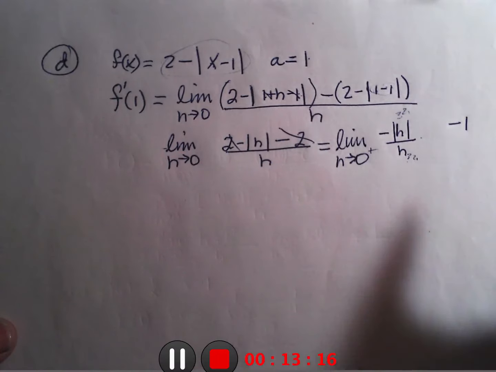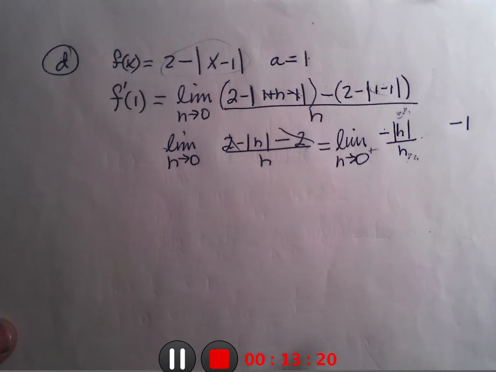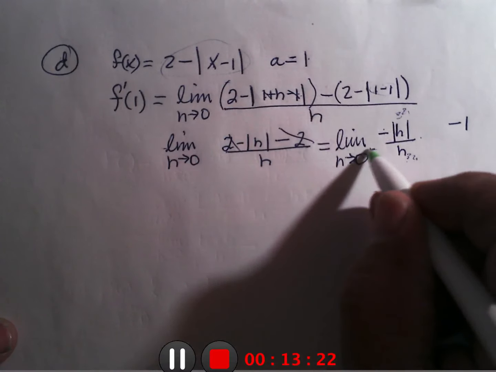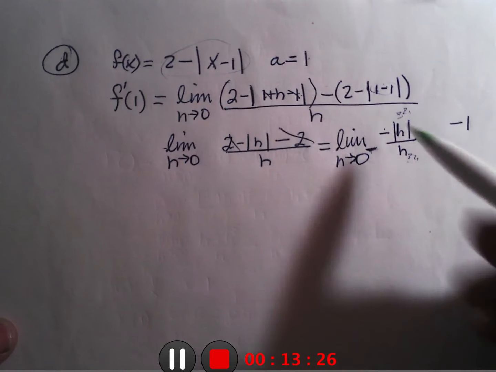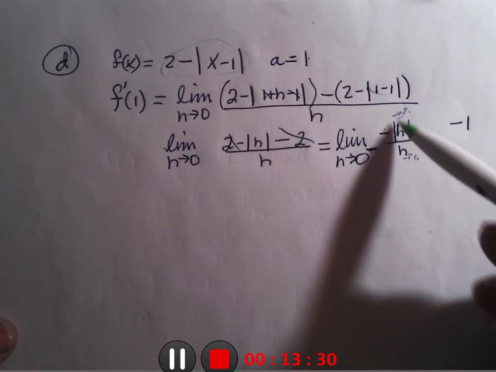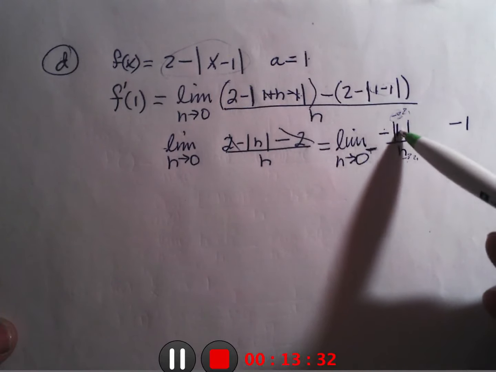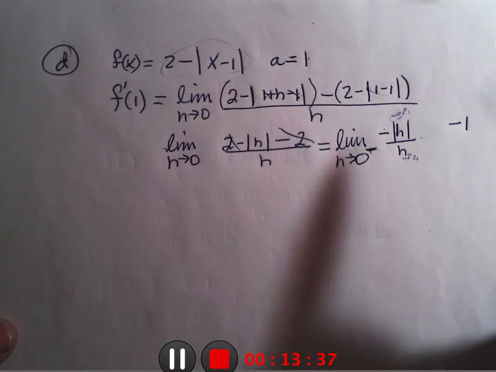Because negative 3 divided by 3 is negative 1. We come in from the left side, the negative side. If I put in negative 3, I get absolute value of negative 3 is 3, and this would make it minus, so I get negative 3 over negative 3, which is plus 1.